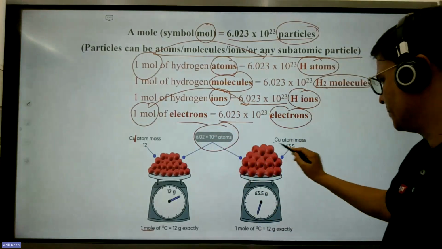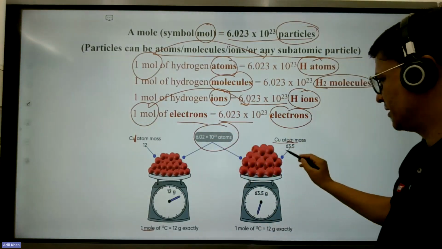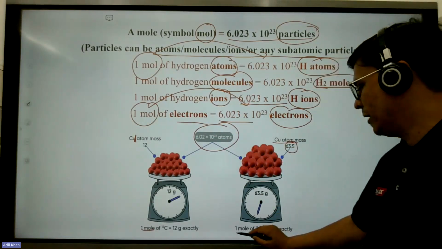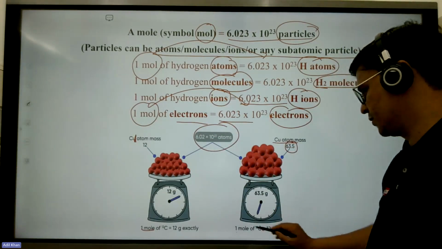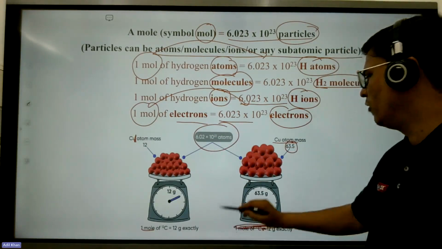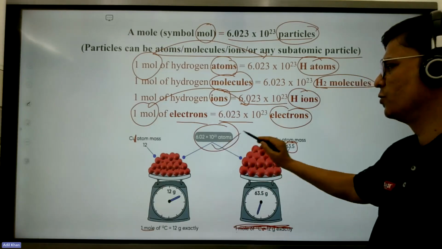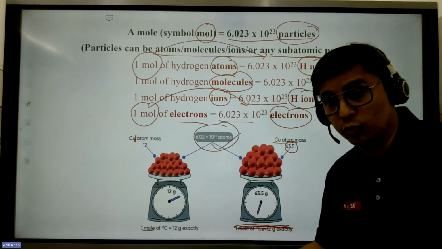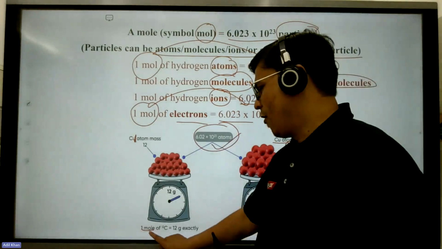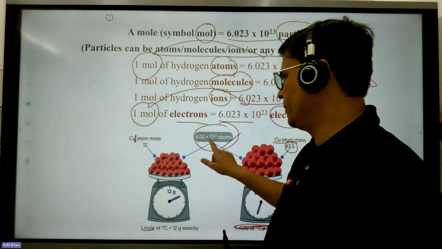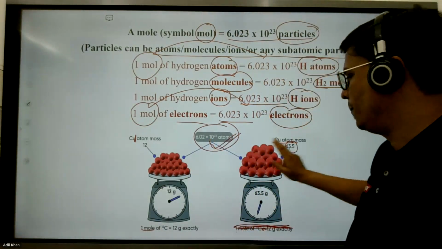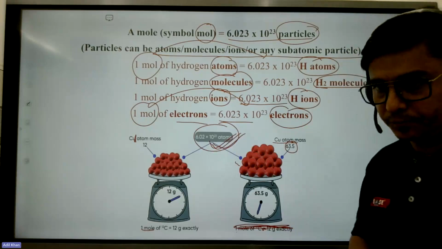If it is copper atoms, you know the mass of copper is 63.5. Mass is not that important, number is important. And this is 1 mole of copper. So 1 mole of copper will be equivalent to 6.022 or 6.023 × 10^23. So basically what I want to convey is 1 mole of carbon will be equivalent to this number and 1 mole of copper will be equivalent to this number.